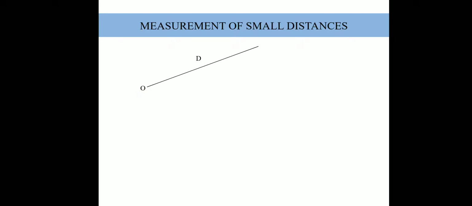When we look at the moon from one point on the Earth, let's say point P, a point on the Earth's surface, we are looking at a moon which is at a very far distance from us, and capital D we assume is the distance between the position of the moon and our point on the surface of Earth.